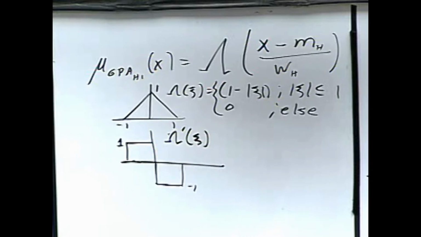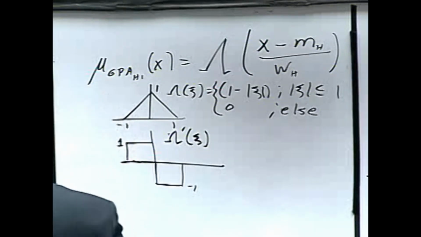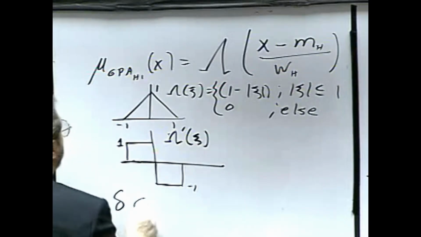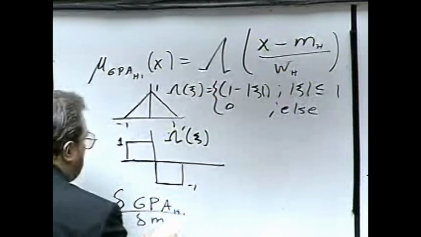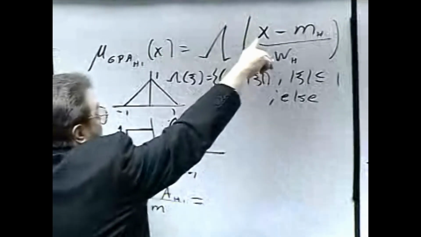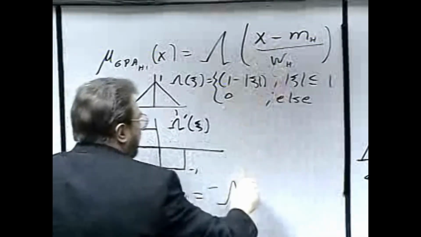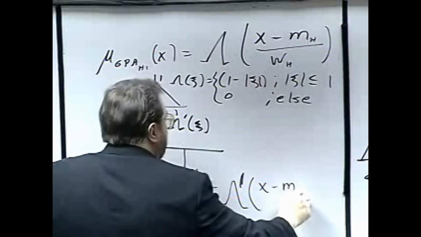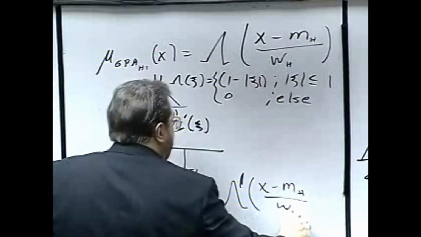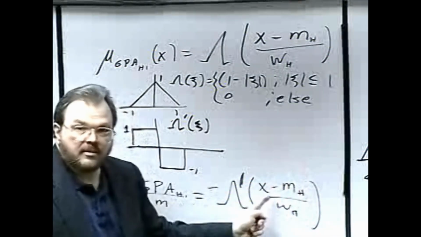And then if we would like to do now the next step, which is the partial of GPA for high 1 with respect to M, well, we do this result. We get minus, using the chain rule of differentiation, minus lambda prime of x minus mh over wh, where the minus comes from differentiation of the argument, right?